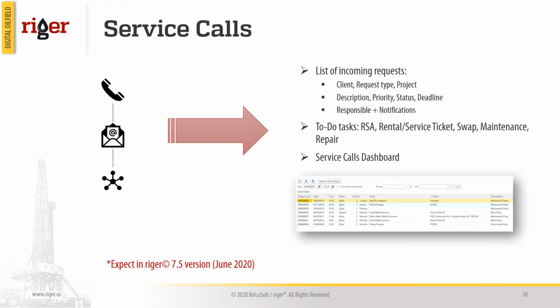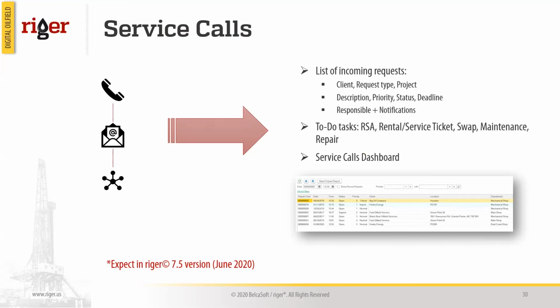So what I'm talking about is a module that will have a number of new documents, dashboards, and also some specific settings that will allow you to record or register all the incoming requests from customers. They will be registered as single line items, which will have a client, request type, or project indication.